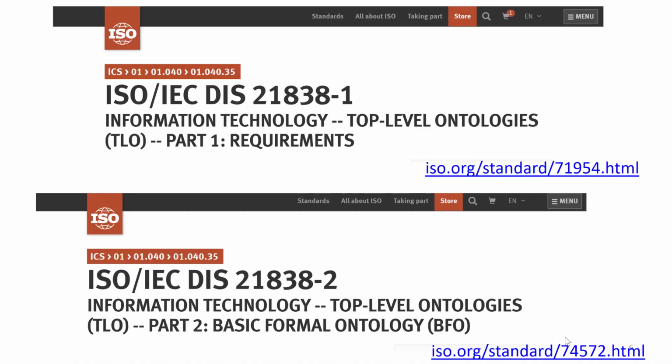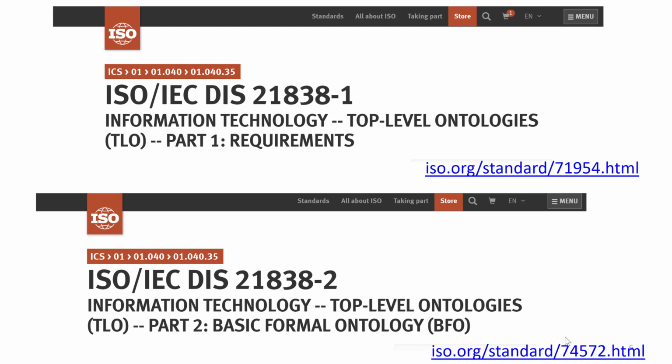Now, 2 parts of ISO 21838 have already been released as draft international standards, DIS, which is the final phase before they become full international standards. And the final vote to move to this final phase is in October, so it's within the next few days, in fact.